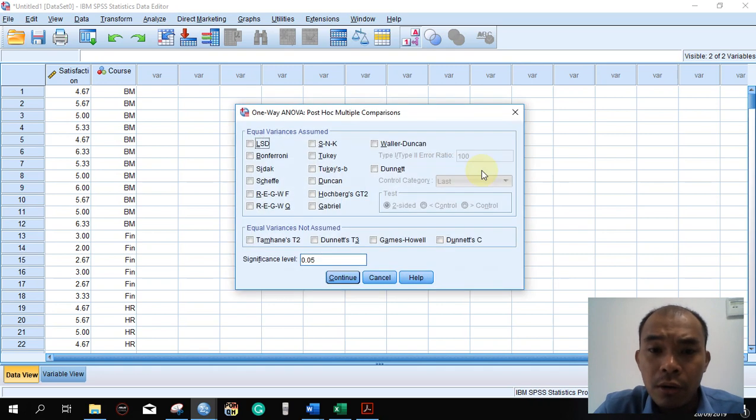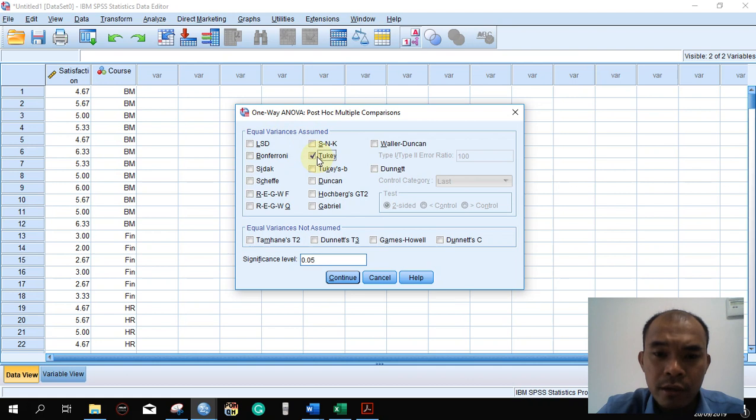For the post hoc, we will use the Tukey, since equal variances is assumed. Tukey, equal variances, because based on our result of the homogeneity of variances, we assume that the variances are equal.